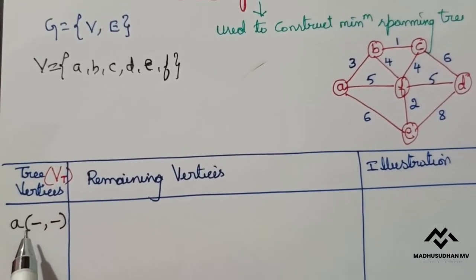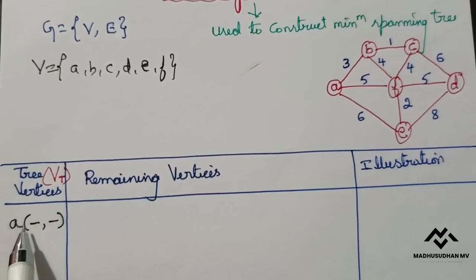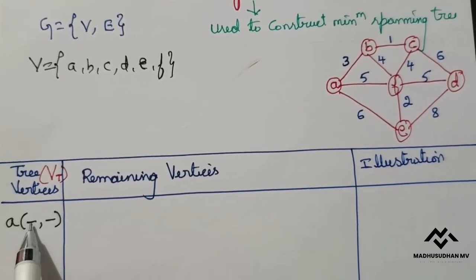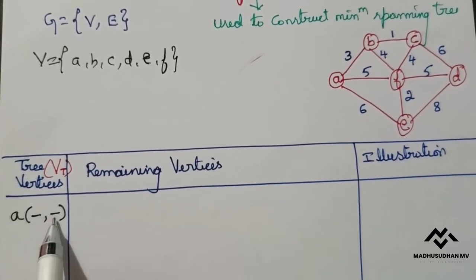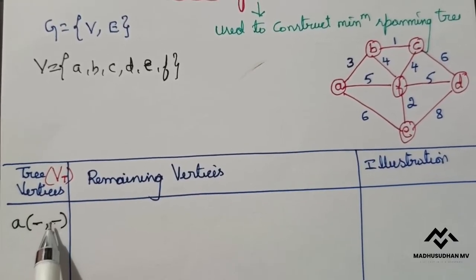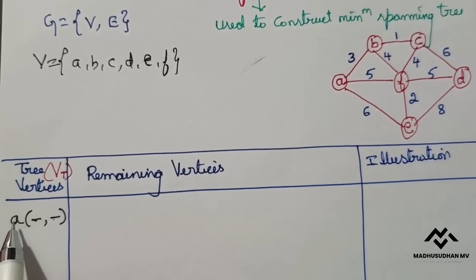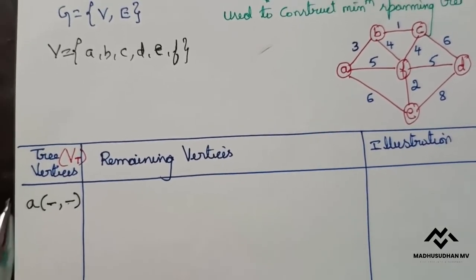The first parameter says from which vertex I reached A, and the second one indicates the distance traveled from that vertex to this vertex.